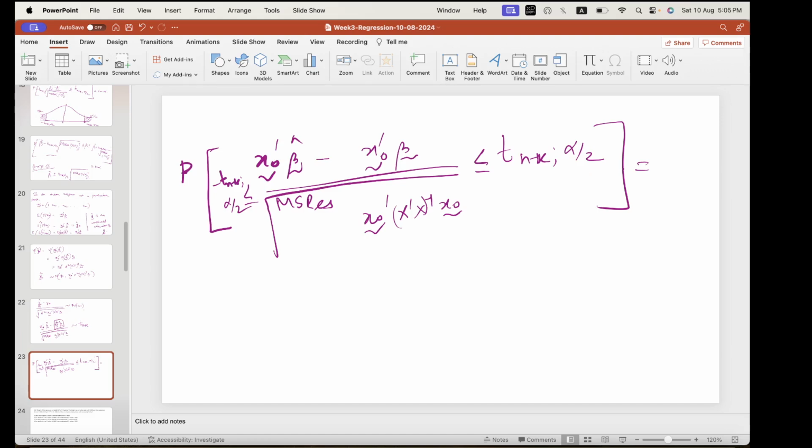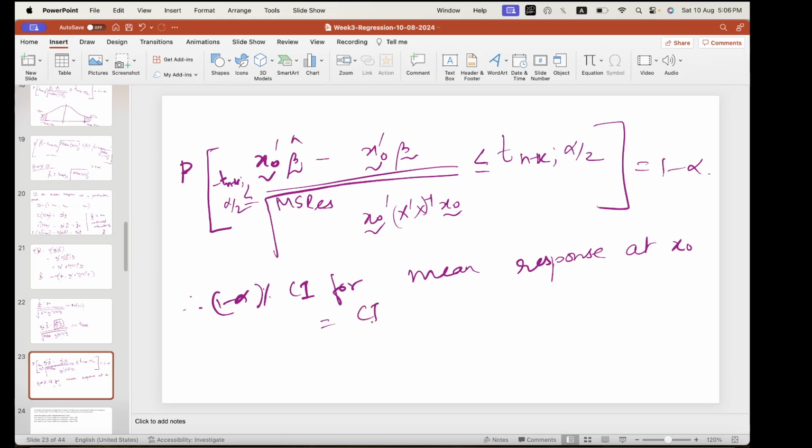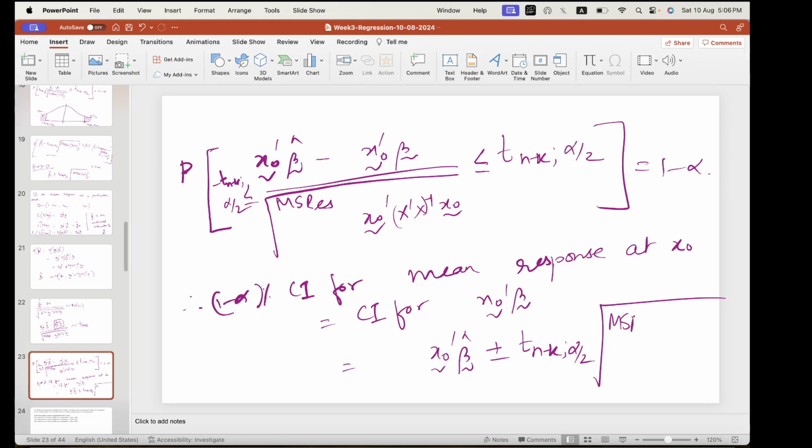This would be 1 minus alpha. So therefore the 1 minus alpha confidence CI for mean response at x naught, which is the CI for x naught prime beta, would be x naught prime beta hat plus or minus t n minus k alpha by 2 root over MS residual x naught prime (X inverse) x naught.